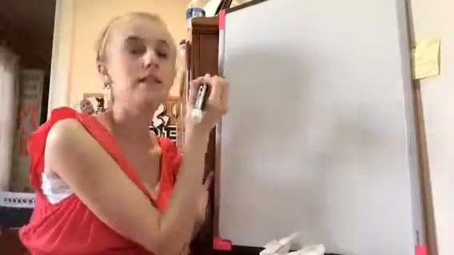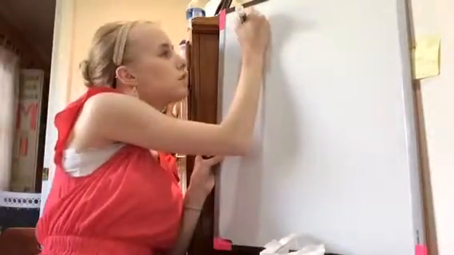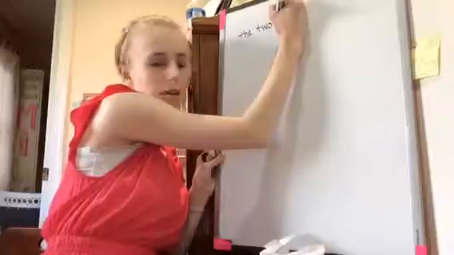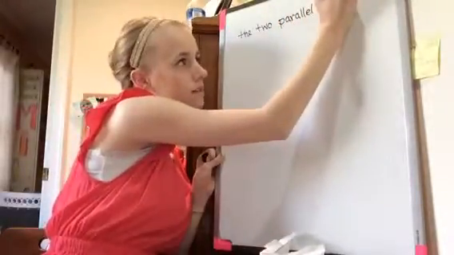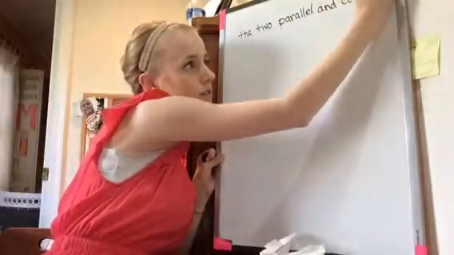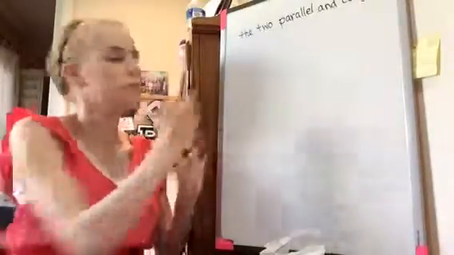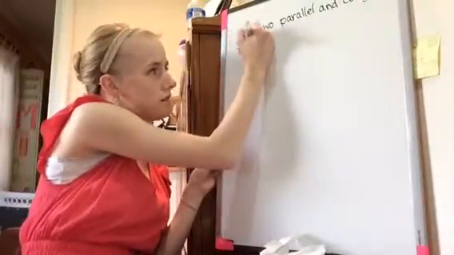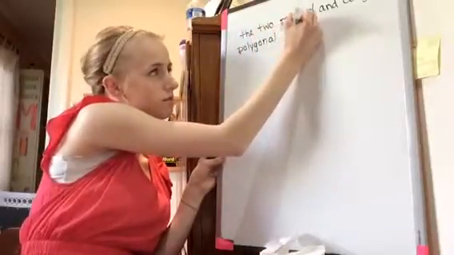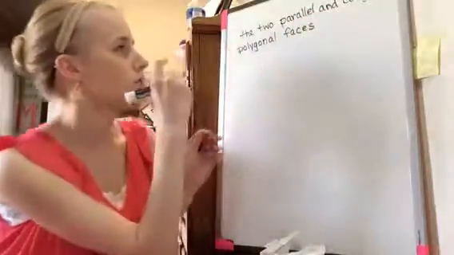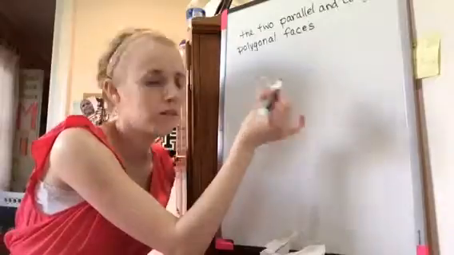The bases of prisms are the two parallel and congruent polygonal faces. So again, this is how we can figure out what the base is.